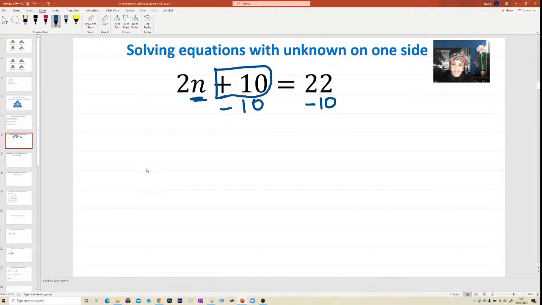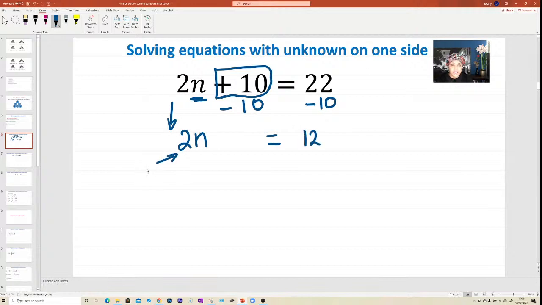So subtract 10 on both sides. So now we have the 2n, we're going to bring it down, 2n plus 10 minus 10, 0, it's gone. So now we have the equal sign, 22 take away 10, that's 12.